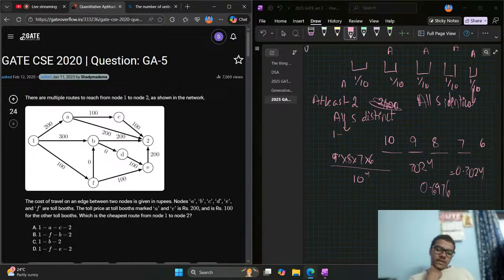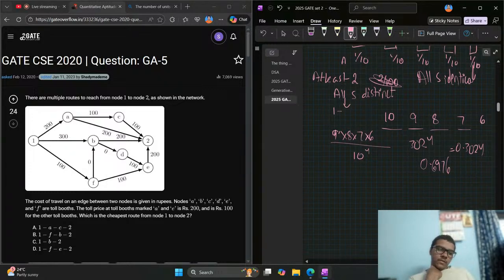Okay, I think I did this problem before. Yeah, I did this. The cost of travel on an edge between two nodes is given in rupees. Nodes A, B, C, D, E, F are all toll booths.